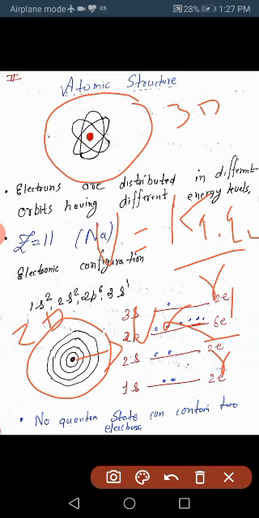The electron in the first orbit will have a lesser distance, so the value of K Q1 upon r1 will be negative, let us suppose negative 10. Then as the distance increases, this value increases, let us suppose negative 8, and here the unit of energy is electron volt.